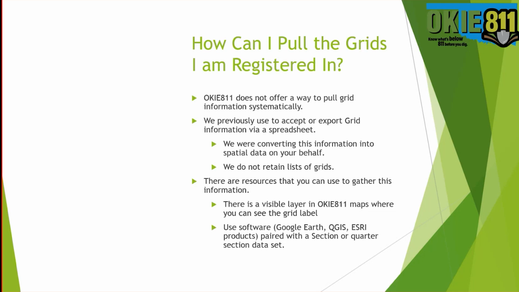However, we were the ones that were converting those spreadsheets into spatial data on your behalf. So we weren't retaining that list or that spreadsheet. It was the same thing as if we took that spreadsheet, created the spatial information and threw it away. So we're not doing that anymore.